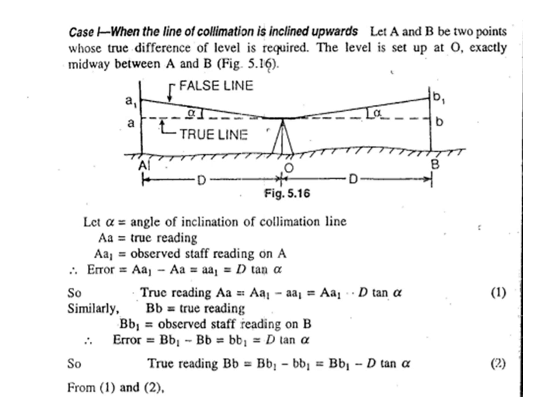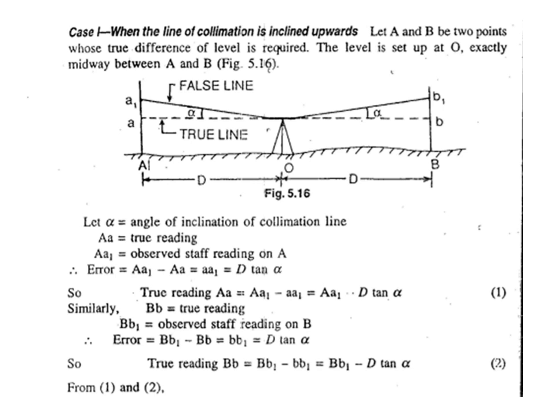The level is set up at O, as shown in the figure, exactly midway between A and B. Let alpha be the angle of inclination of the collimation line with the horizontal, and capital A small a is the true reading at station A, and AA1 is the observed staff reading on A. Therefore, error observed on station A equals AA1 minus AA, that is equal to d tan alpha. Similarly, true reading equals AA1 minus d tan alpha.